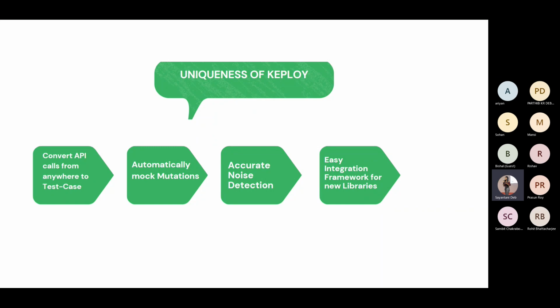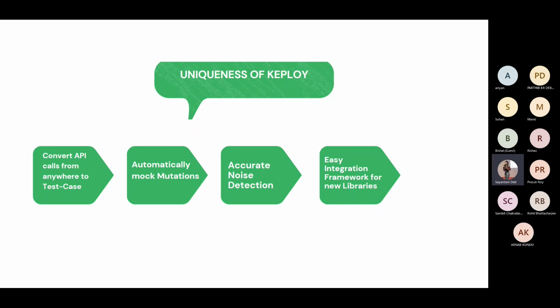You don't have to do it manually. It also helps in accurate noise detection and easy integration with framework and libraries. Talking about the current situation, it is easily integrated with Java, Python, TypeScript, and Go. As of now, the other languages are still in the works. If you want to be a contributor, you can go to the GitHub of Keploy and start contributing.